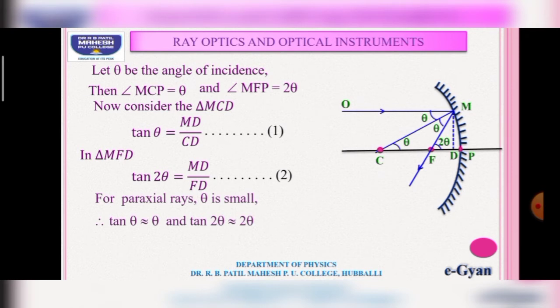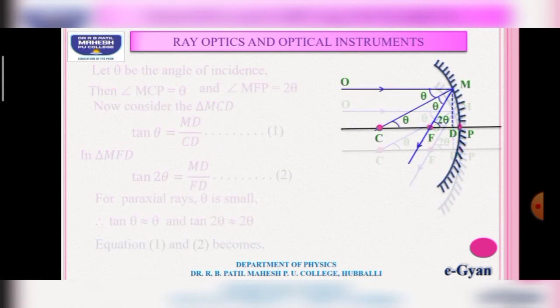Now putting these values in equations 1 and 2, they become theta is equal to MD divided by CD and 2 theta is equal to MD divided by FD.